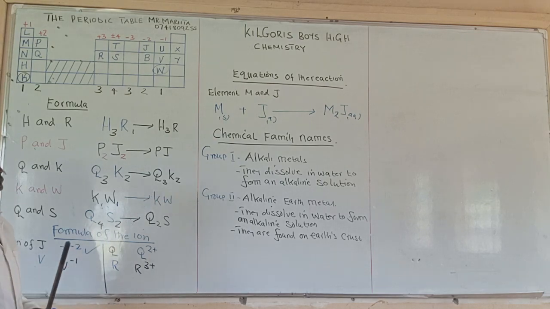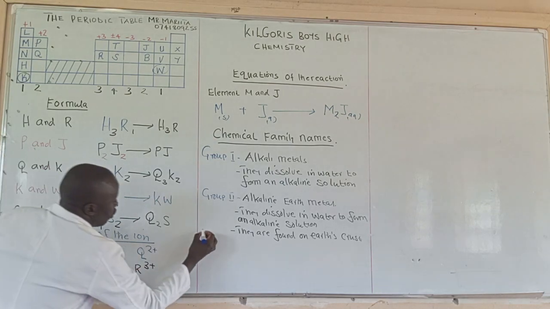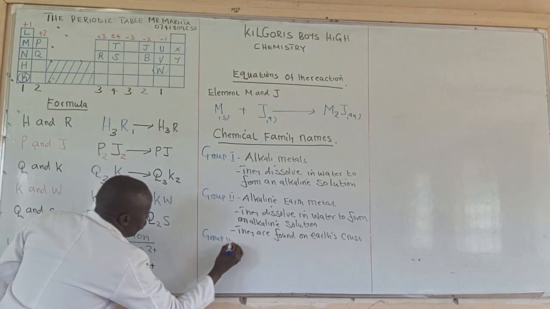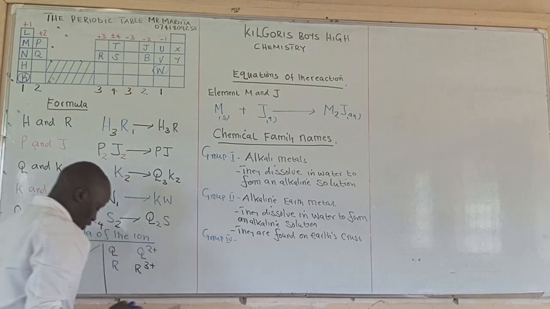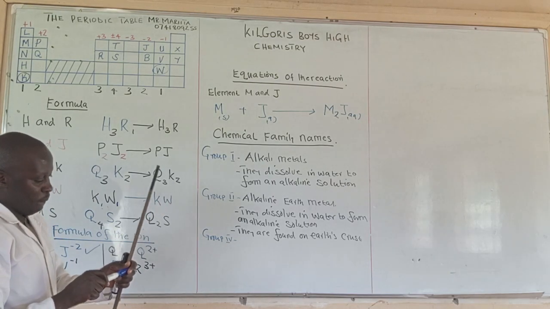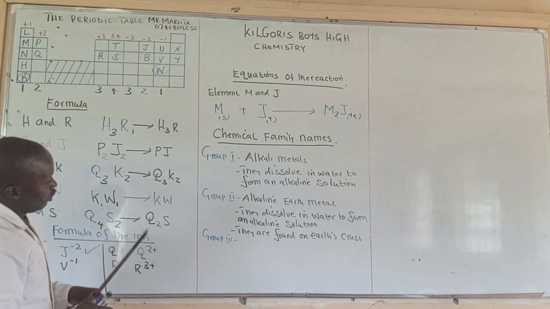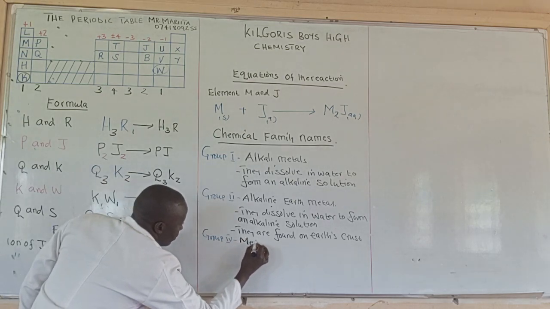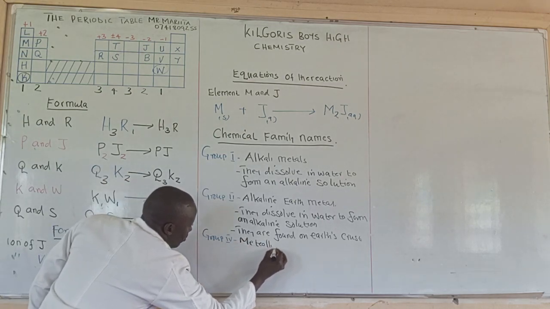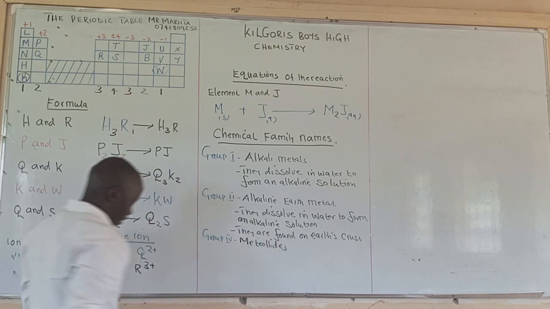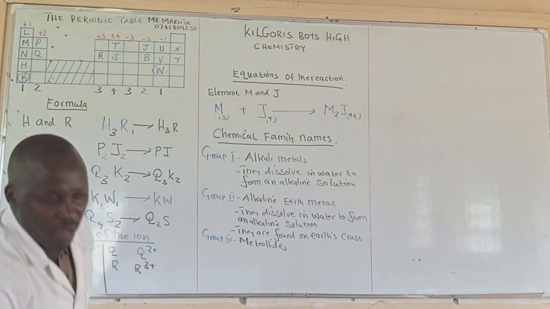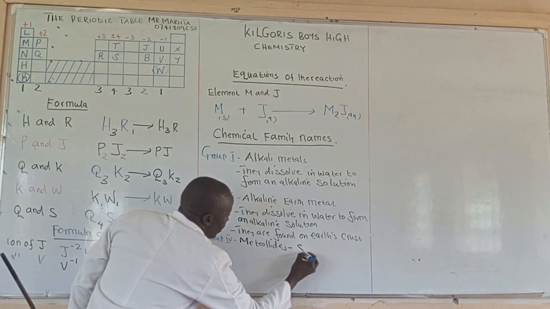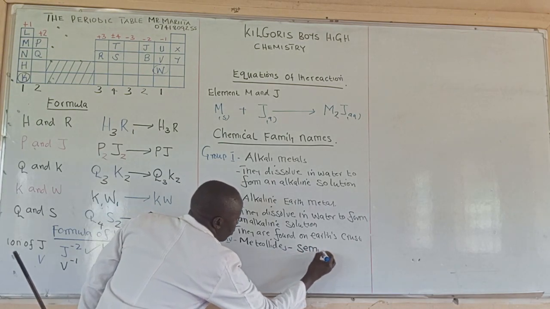In group 3, we don't have a family name. So we go to group 4. The group 4 elements are normally called the metalloids.